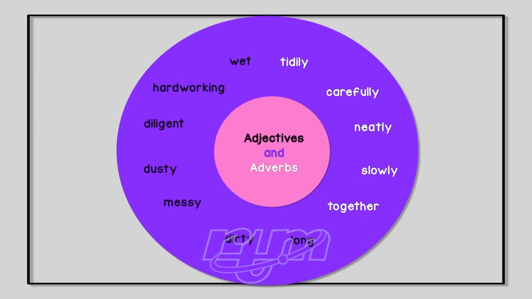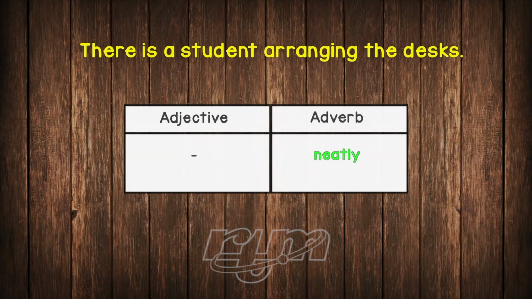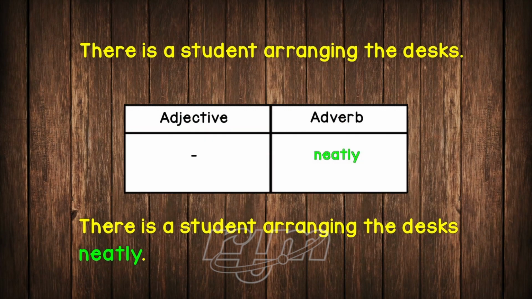Next, for the fourth sentence, I am going to use the word neatly. Remember, you don't have to use too many adjectives and adverbs in one sentence, but make sure you have at least one. So my sentence will look like this. There is a student arranging the desk neatly.